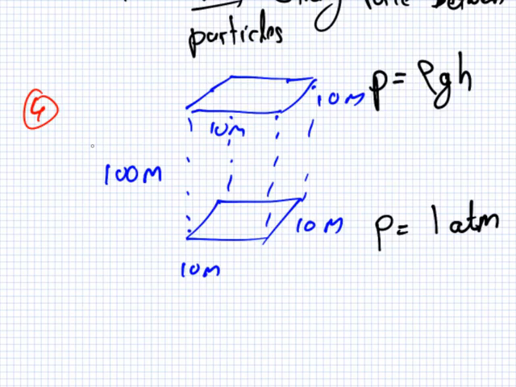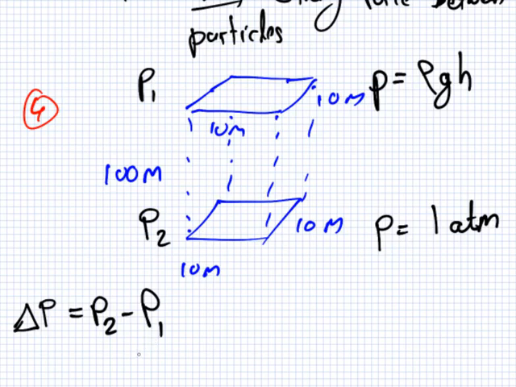No. But I don't think you need to use that number here. So for example, I want the difference in the pressure, which will be bigger, the bottom or the top? The bottom. So we'll call this one P1 and P2. So the difference in the pressure will be P2 minus P1.